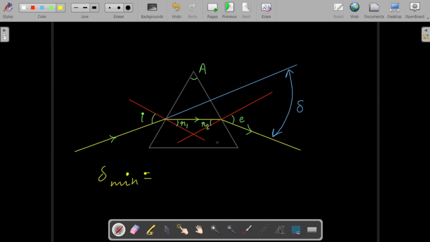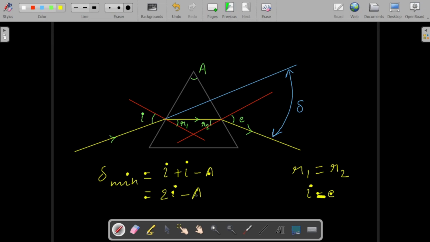When this happens, it has been found that R1 becomes equal to R2, resulting in I and E becoming equal. So by replacing these values in our equation, which was I plus E minus A, we can write it as I plus I, in place of E, minus A, which becomes 2I minus A. So this is the formula for the angle of minimum deviation, that is 2I minus A.